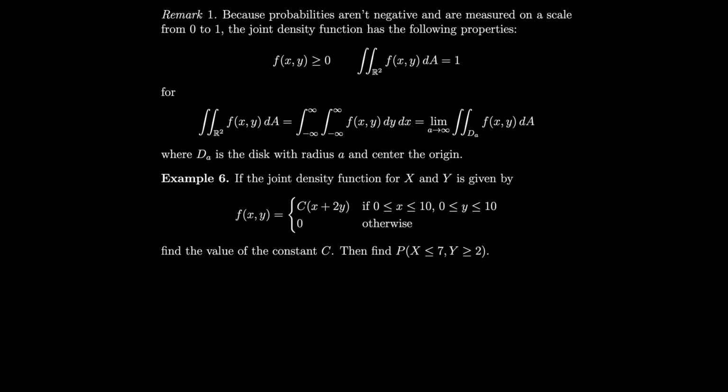Now, because probabilities aren't negative and are measured on a scale from 0 to 1, our joint density function must be greater than or equal to 0, and its double integral over the entire plane, R2, must be equal to 1.